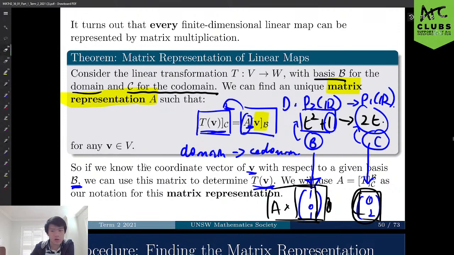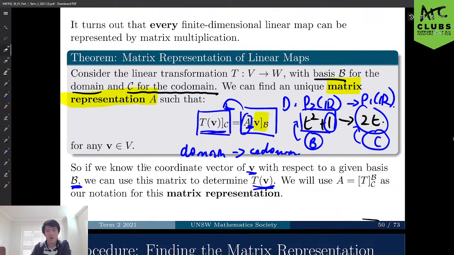And so this is a really important notation. We write A equals T with a C down at the bottom and with a B down at the top. Right? So it's really important that C is the basis in the codomain and B is the basis in the domain.